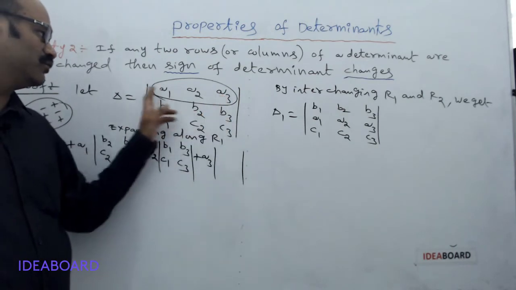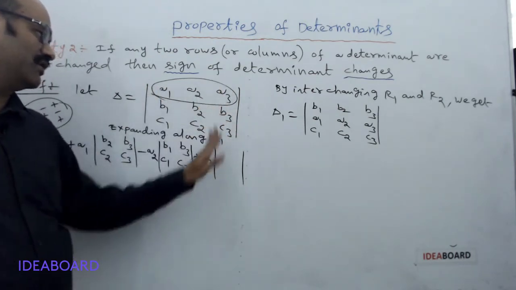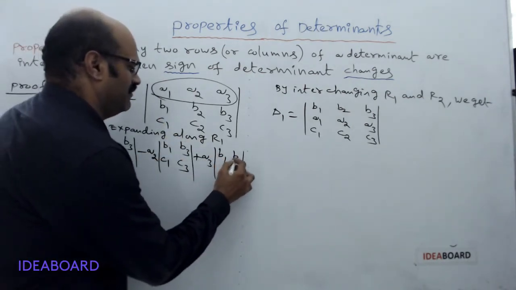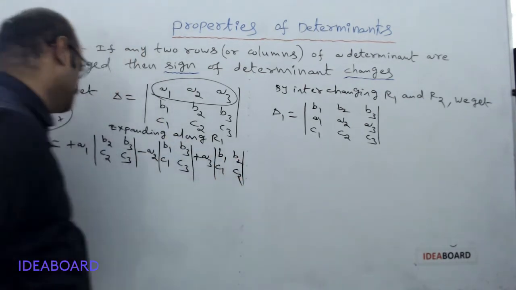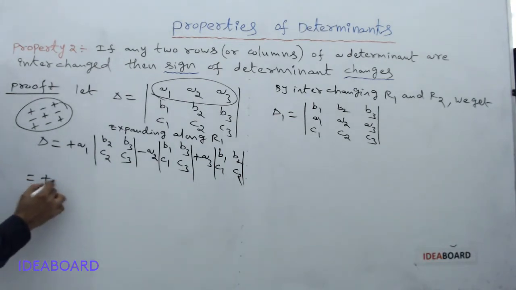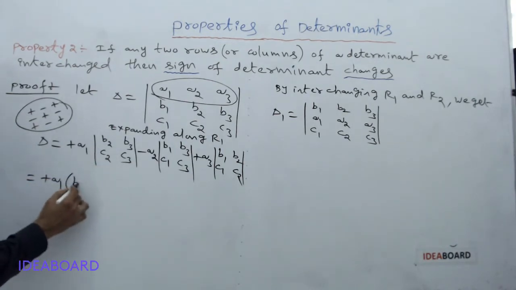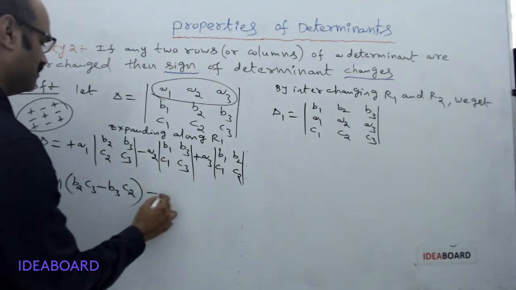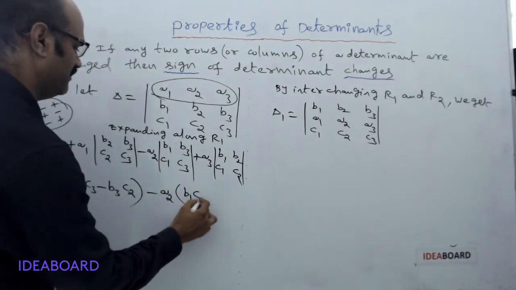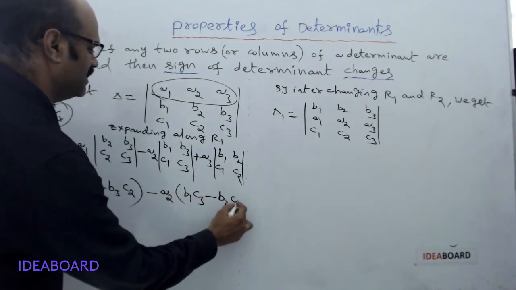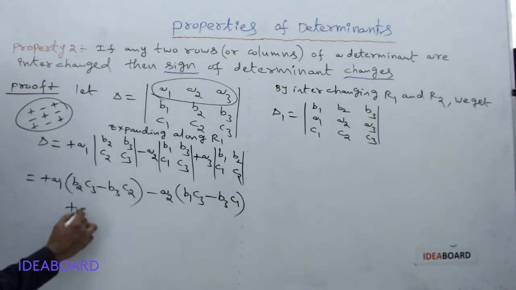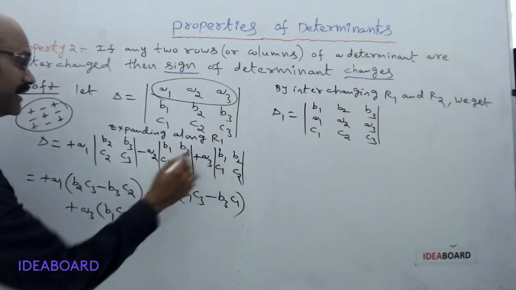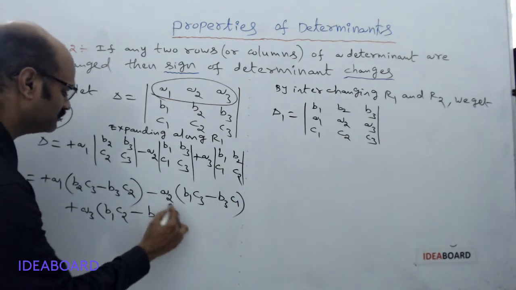Now plus A3, which lies in first row and third column, then we have B1, B2, C1, C2. It is equal to plus A1 into B2, C3 minus B3, C2, minus A2 into B1, C3 minus B3, C1, plus A3 into B1, C2 minus B2, C1.